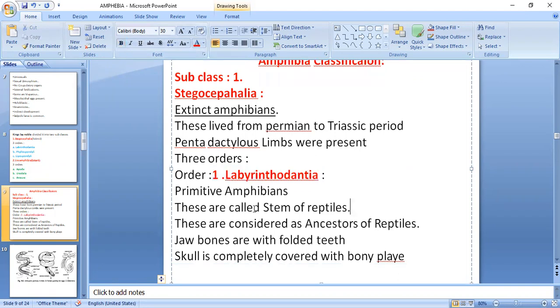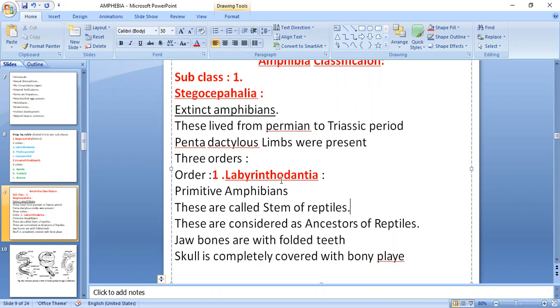The first one is Labyrinthodontia. Here, labyrinth means folded, and dont means teeth. The teeth are not teeth like ours. They are folded, bony appearances present on the jawbones. That's why the name Labyrinthodontia.